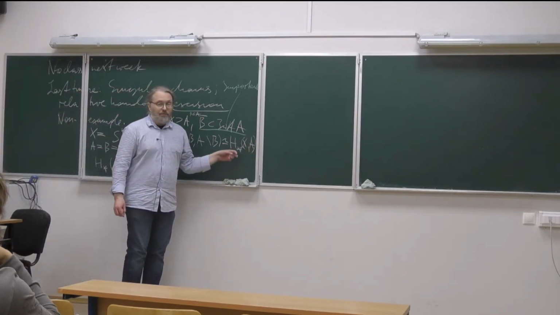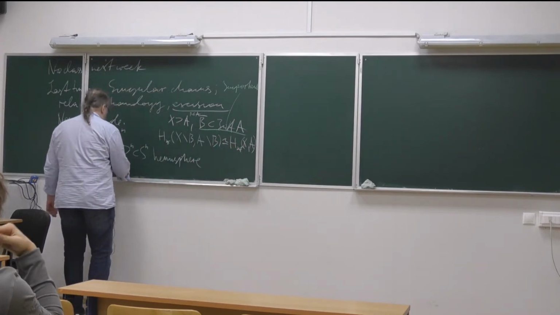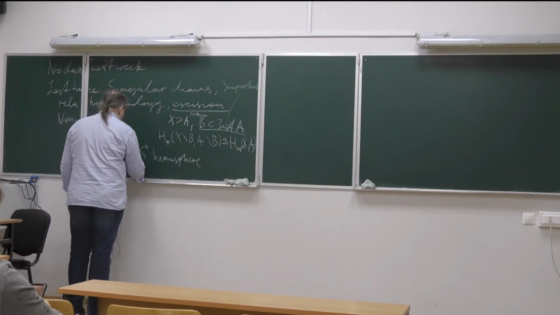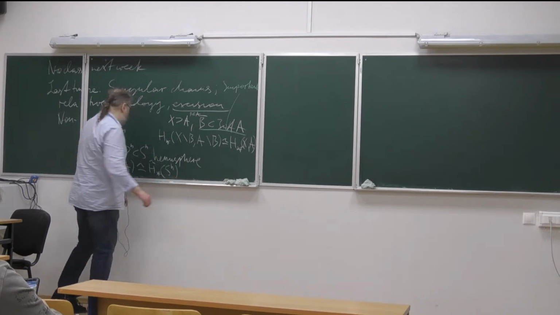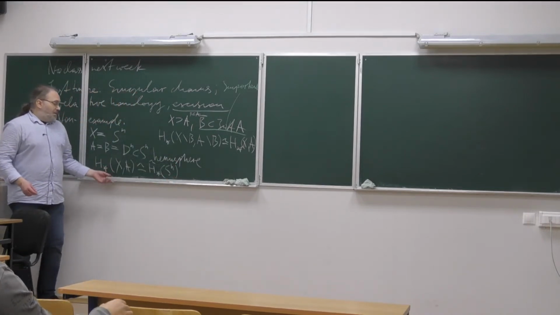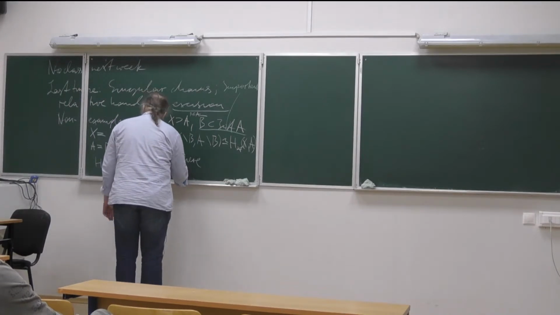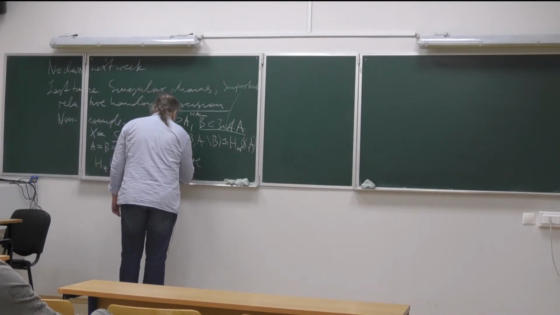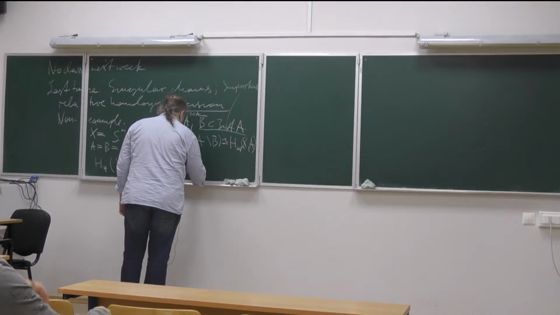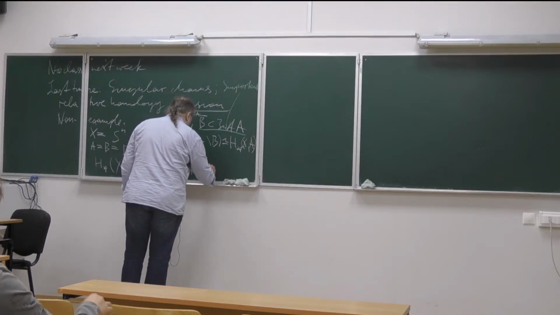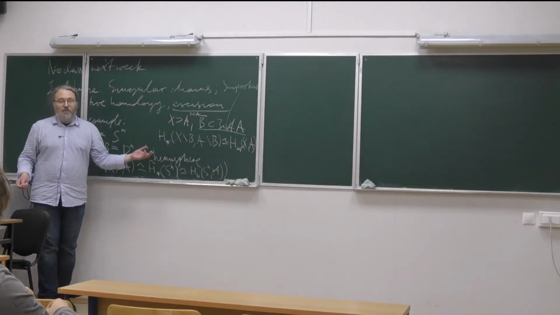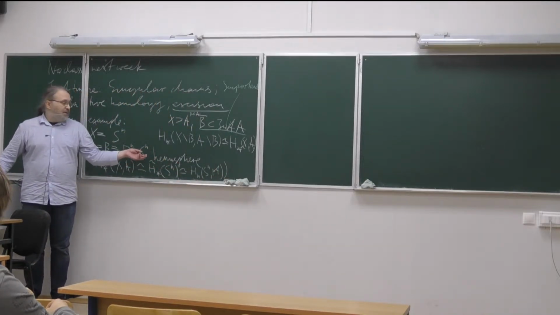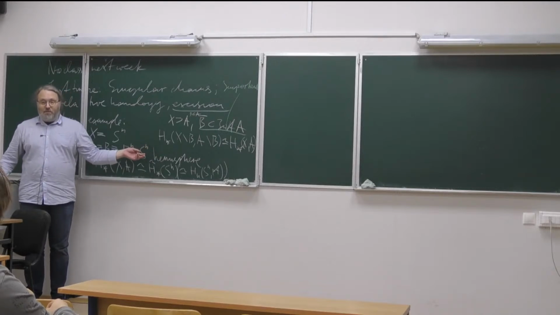First let's look at the right hand side, X comma A. The result is isomorphic to the homology of S^n mod a point.